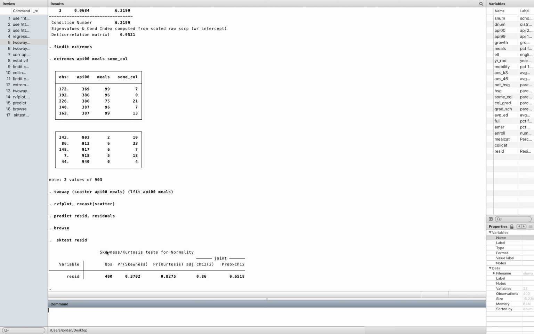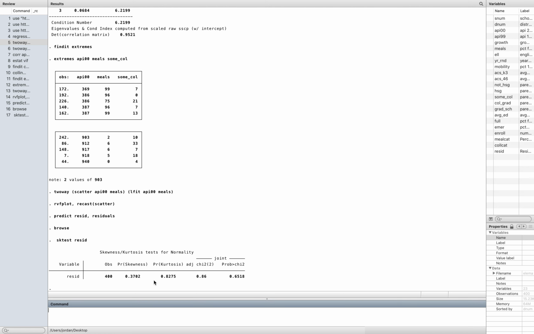The S is for the skewness, the K is for kurtosis. If you're talking about a normal distribution, the skewness looks at your tails. How far out are the tails? The kurtosis looks at the peak. What's the peak of your distribution?